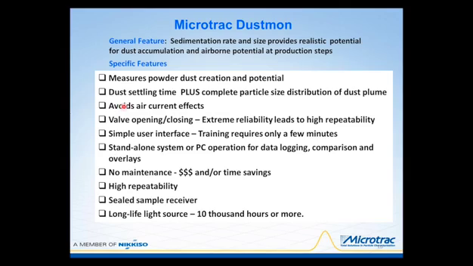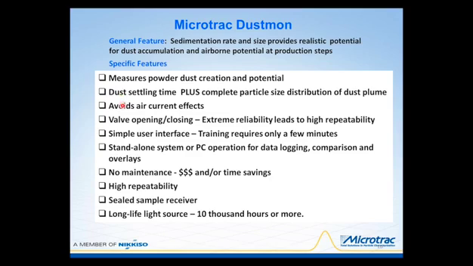General features of the Dustmon: its purpose is sedimentation rate, and the size provides a realistic potential for dust accumulation and airborne potential at various production steps. The Dustmon measures powder dust creation potential. It measures dust settling, plus a complete particle size distribution of the dust plume.